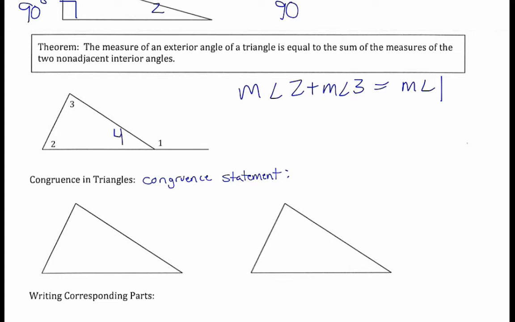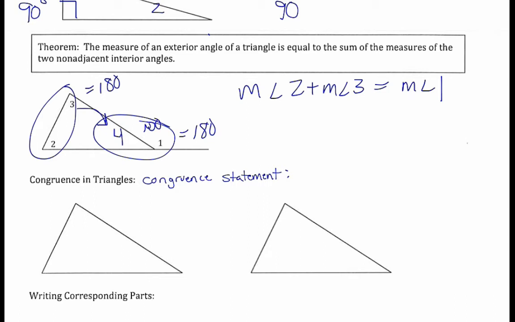This angle 4 is a linear pair with angle 1. So angle 1 and angle 4 equal 180 degrees. But angle 2 and 3 also add up with angle 4 to equal 180 degrees. So if angle 1 was 100, that means angle 4 would be 80.